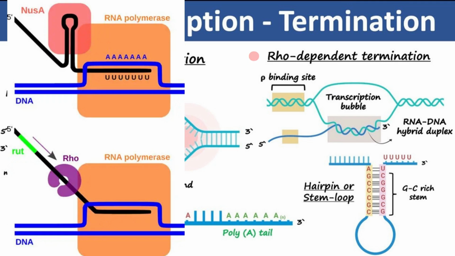And now the person behind, the Rho protein, will catch up, seeing that the enzyme and the Rho protein are moving at the same speed. Once the other one pauses or slows down, the Rho protein catches up and unzips the DNA-RNA hybrid, which we say is because it is a helicase, and hence the unzipping there.